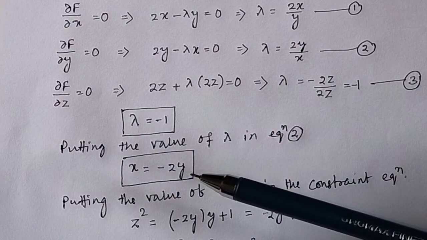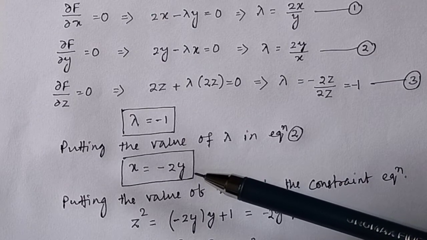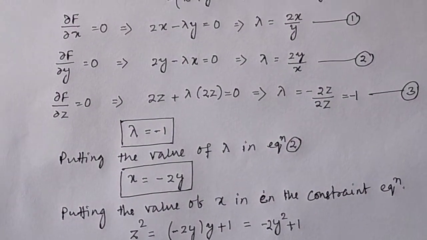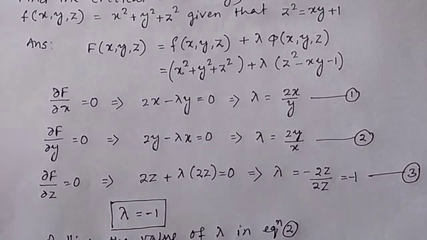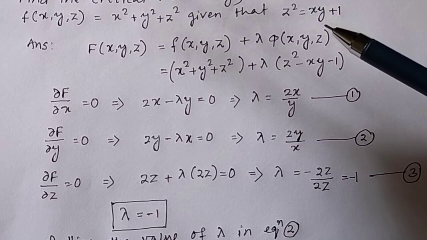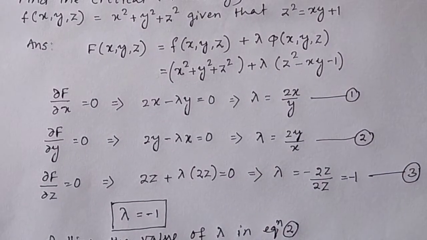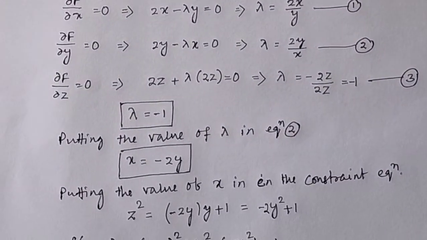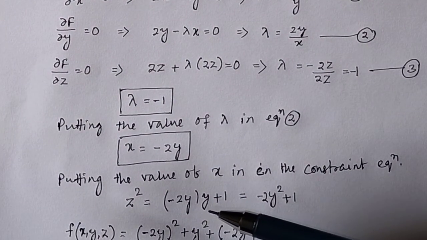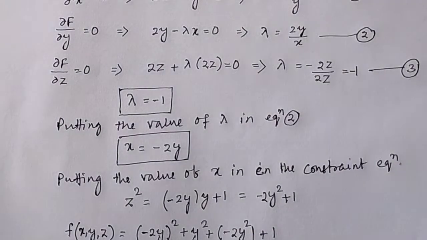So putting λ = −1 here, you will find x = −2y. And if you put the value of x in the constraint equation z² = xy + 1, then what do you get? You get z² = −2y·y + 1, which is equal to −2y² + 1.